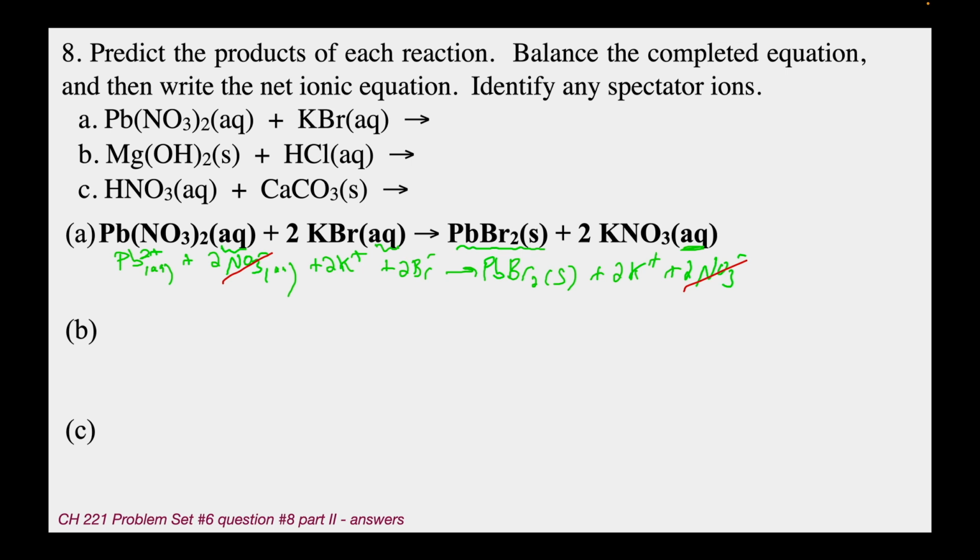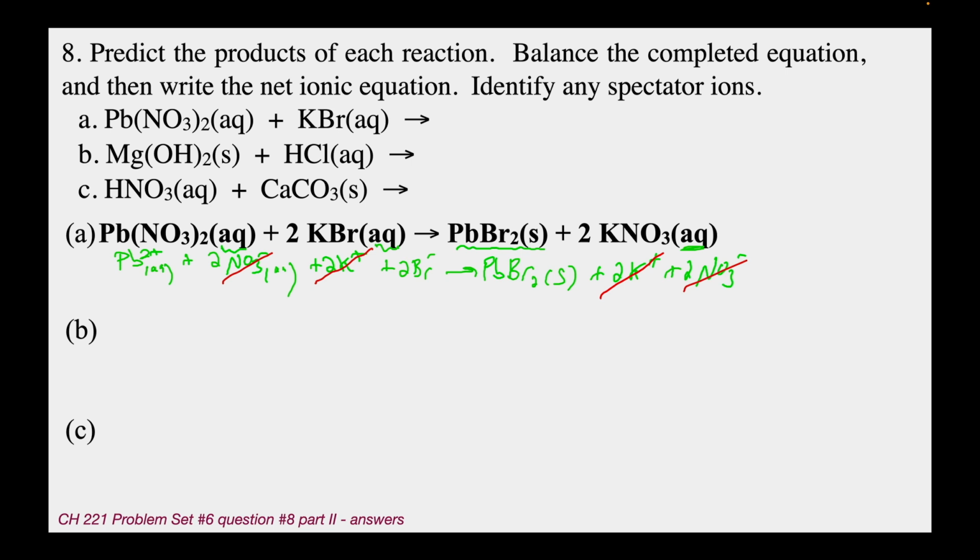Nitrate is a spectator. And you can probably see that there's a second spectator. The K plus ions are on both sides of the reaction as well. So in this reaction, K plus and NO3 minus, or potassium ions and nitrate ions, those are the spectators. They're not participating in the chemistry.